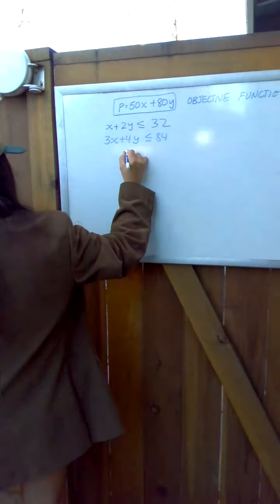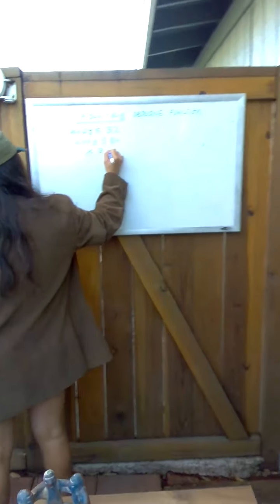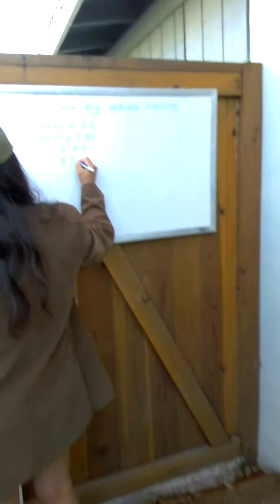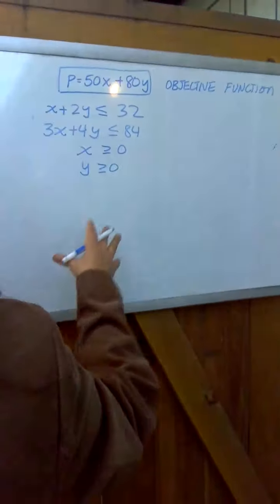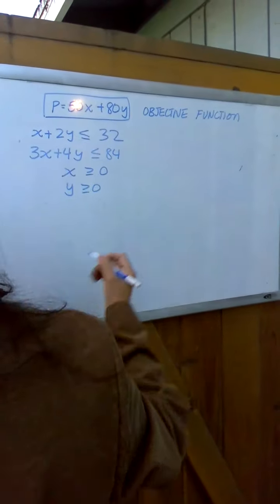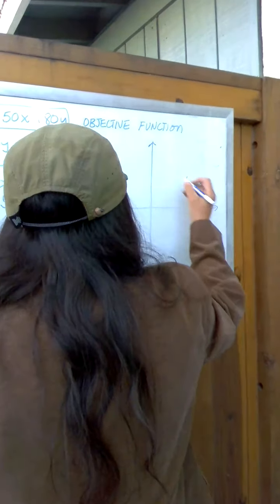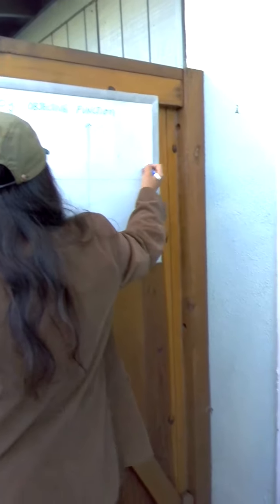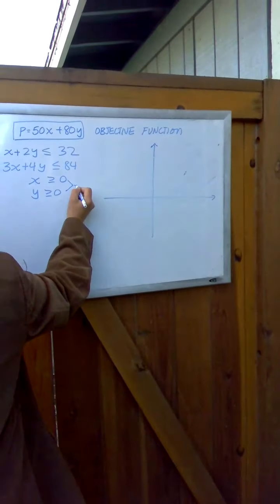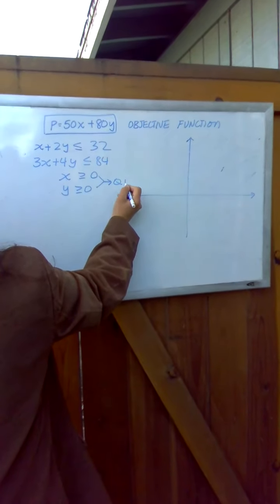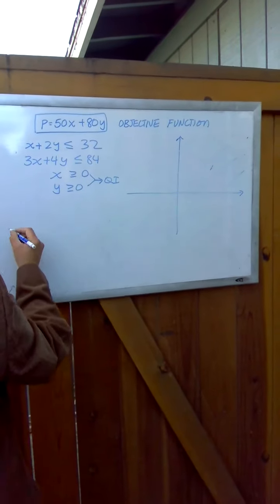And then we have x is greater than or equal to 0, y is greater than or equal to 0, which puts us in quadrant 1. So we know we are in quadrant 1 already, based on these two. So let's go ahead and graph those two.